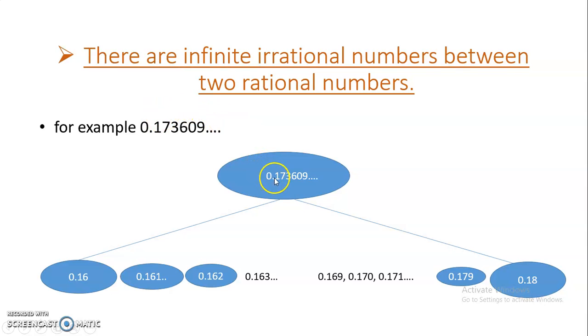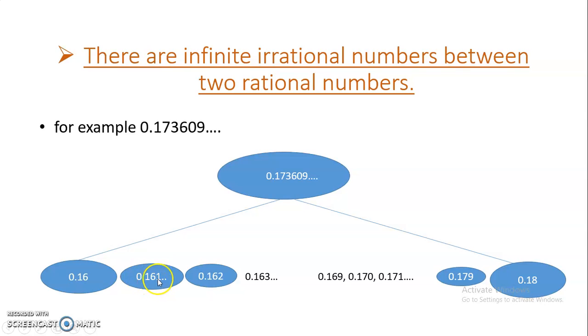This 0.173609 clearly lies between 0.16 and 0.18. And we can say that there can be many more numbers which can lie in between 0.16 and 0.18.